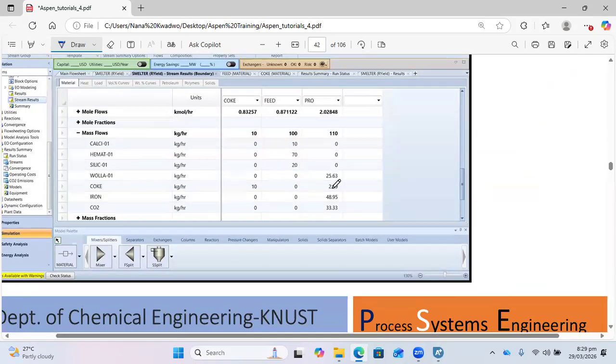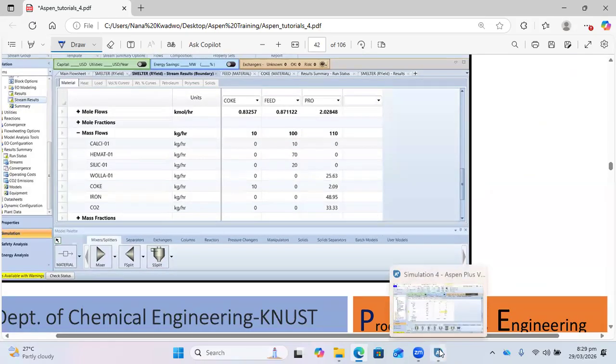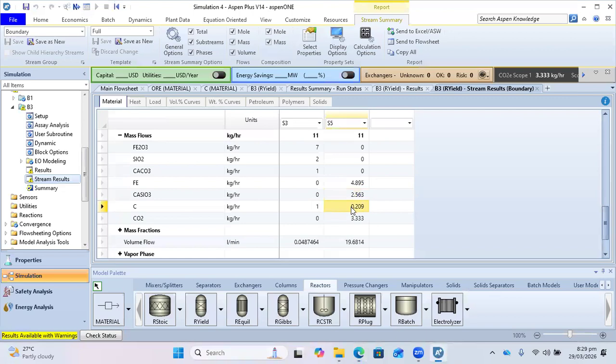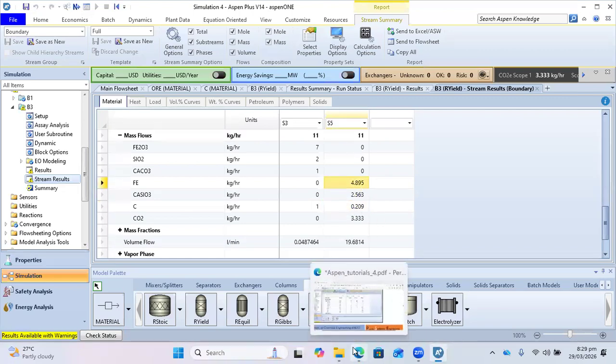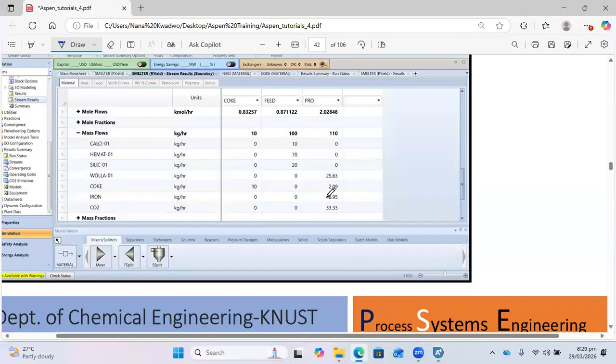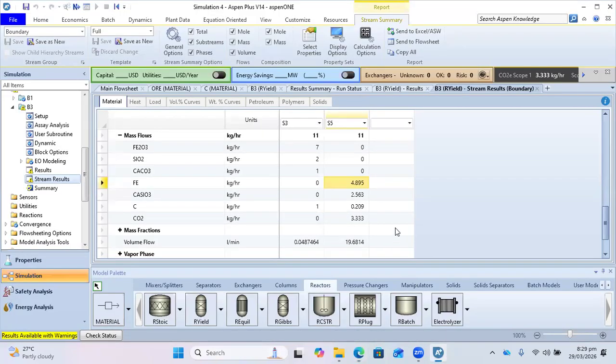And then for the coke, 2.09 will be 0.0209 for us. Then iron, we had 4.895. From the slides, we should be getting 48.95. That's fine. Carbon dioxide was 33.33, so we would expect 3.333. It's the basis we used, that's why it's divided by 10. But we are getting the same thing that we are expecting at the end of the day.